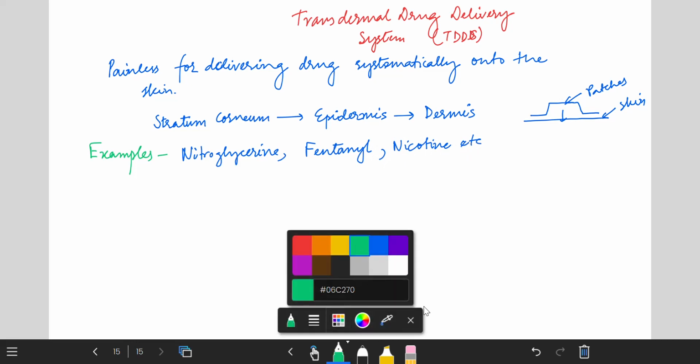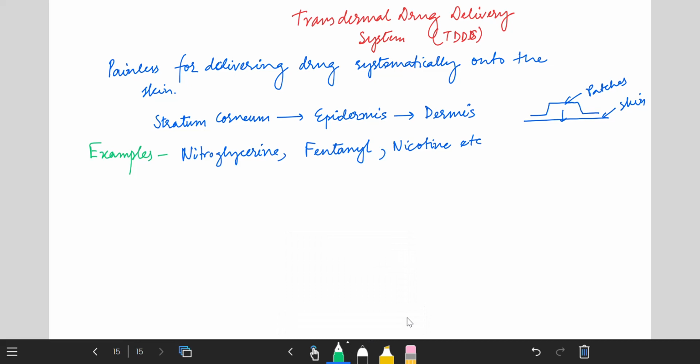Now, to understand the transdermal drug delivery system, we need to have a quick look at the layers of skin. So, what are the layers of skin?